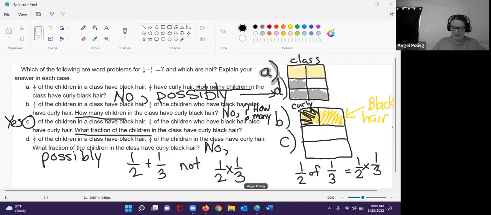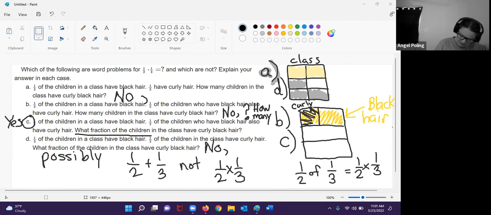So it could be 1/2 plus 1/3, but it's not 1/2 times 1/3, right? And even though A could be this image, the further issue is we don't know how many children there are. So having that as part of our question makes an issue for us. Don't know.